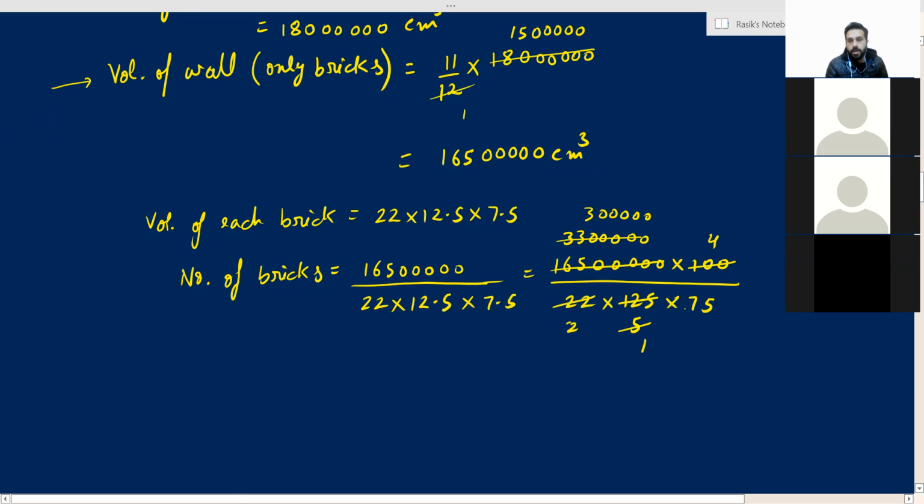Okay, now dividing by 75 directly. 300 divided by 75, we get 4, 0, 0, 0. And 2 and 4, 2. So the answer is 8,000 bricks.